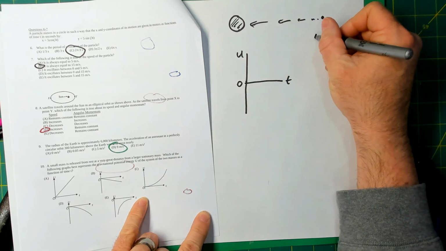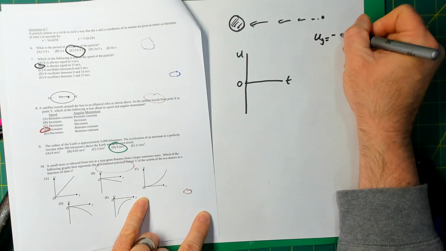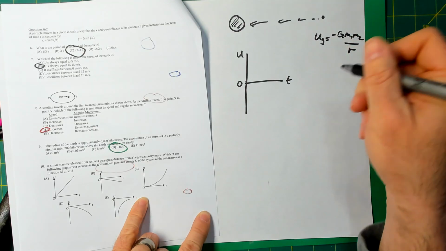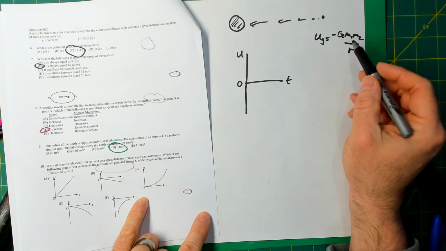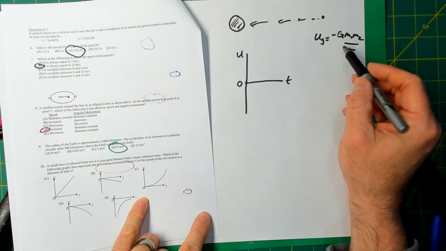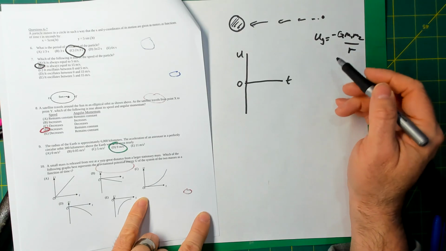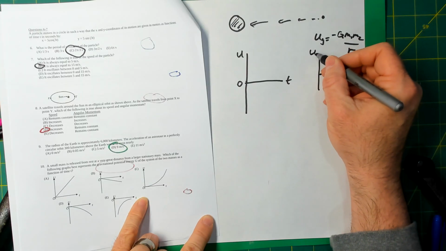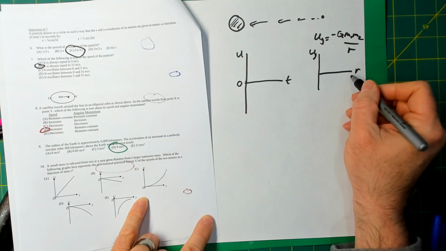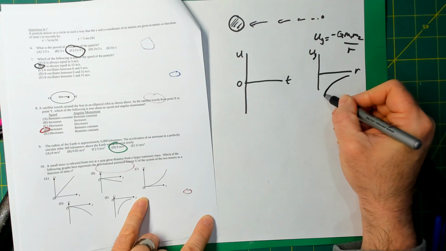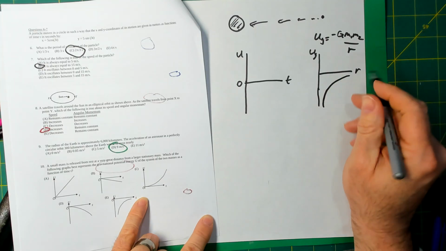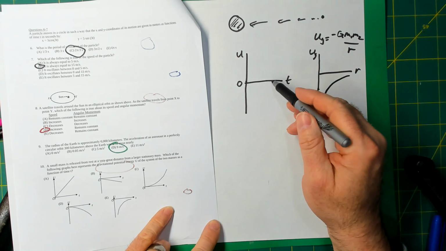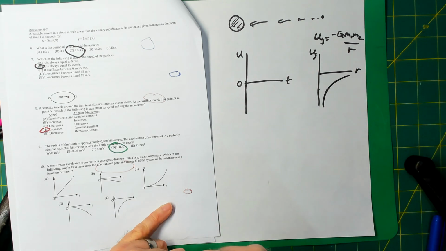The formula for gravitational potential energy is negative G m1 m2 over r. So energy versus position is a 1 over r type curve. So if I had a graph of potential energy versus position, that gives me a negative 1 over r graph, shaped like this. But they don't want potential energy versus position, they want potential energy versus time. So what's going on?